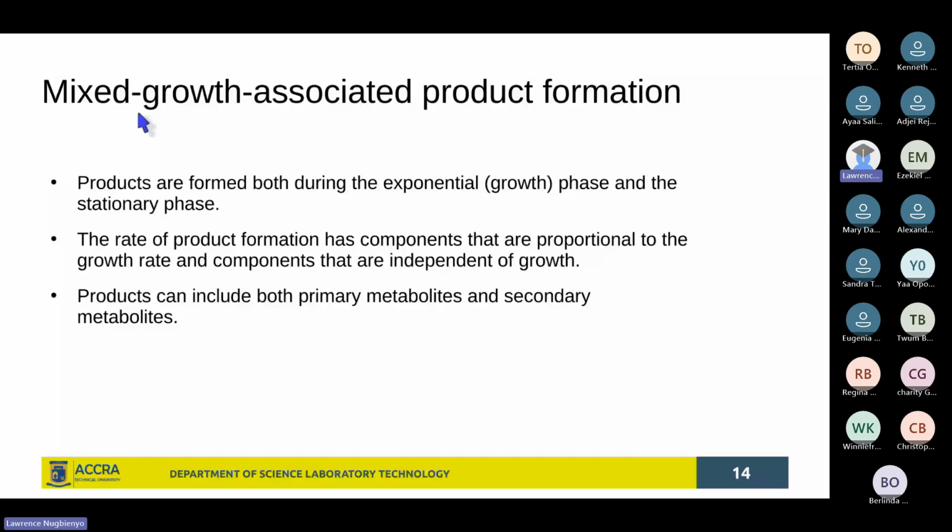So you have this mixture of primary and secondary metabolites. You do have these things occurring, which will mean that the rate of product formation will have components that are proportional to the growth rate, and you have components that are independent of the growth rate.